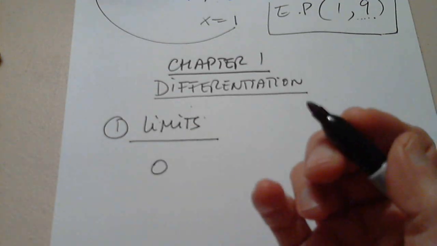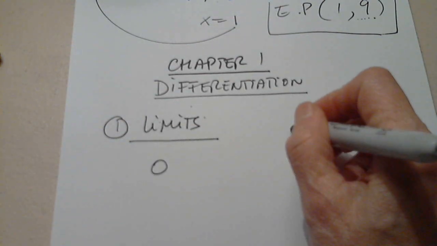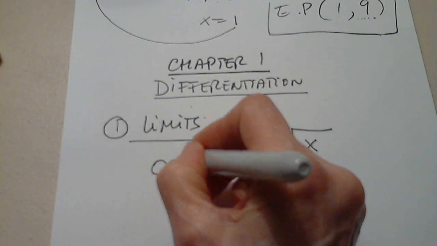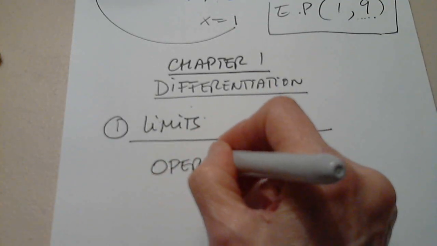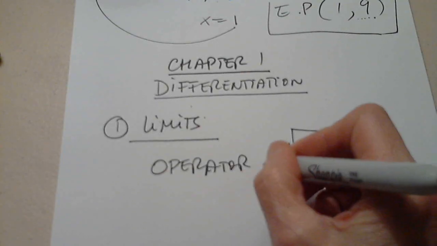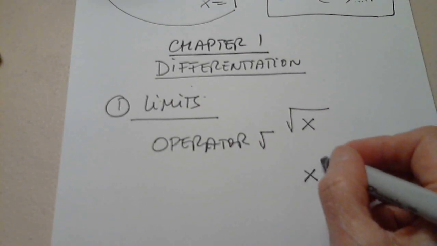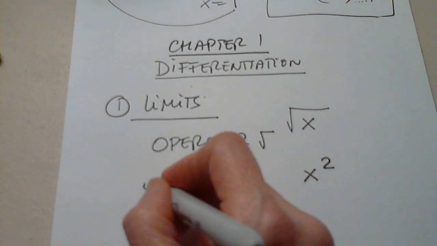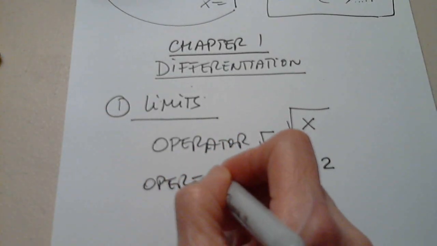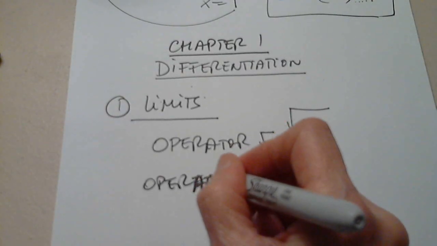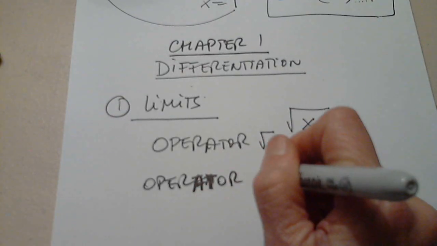Something, for example, if I want to determine the square root of x, I'm applying the operator square root. If I want to determine x squared, I'm applying the operator square.